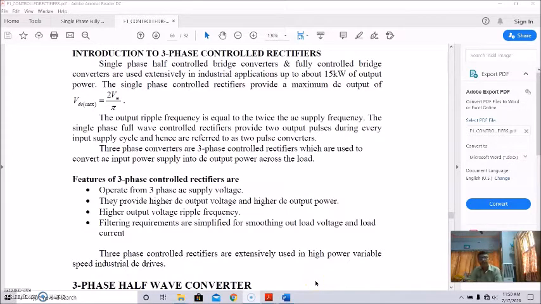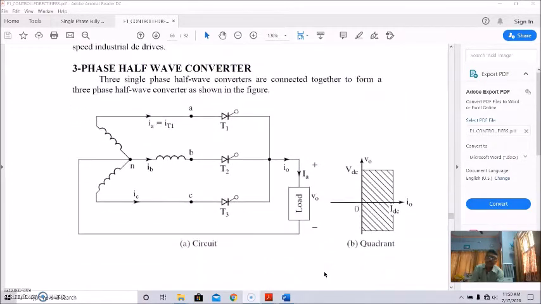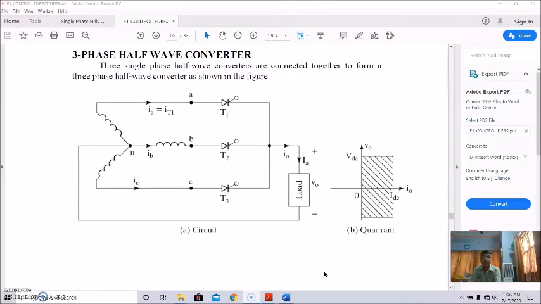So with these introductions and classifications of three-phase controllers, we will gradually proceed and continue our discussions one after another about the different three-phase converters. Let us first discuss three-phase half-wave converters.